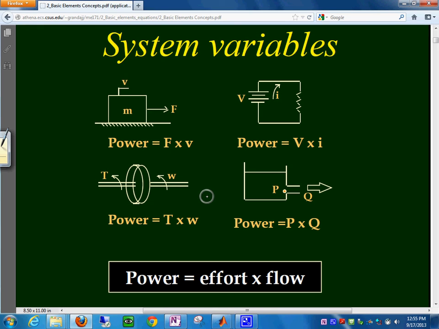Except like a capacitor on an electrical system. Nowadays, it could be a capacitor on a mechanical system if you consider a spring, for example. But in this case, on the examples that you have in front of you, the point is that there are two variables that always produce power.